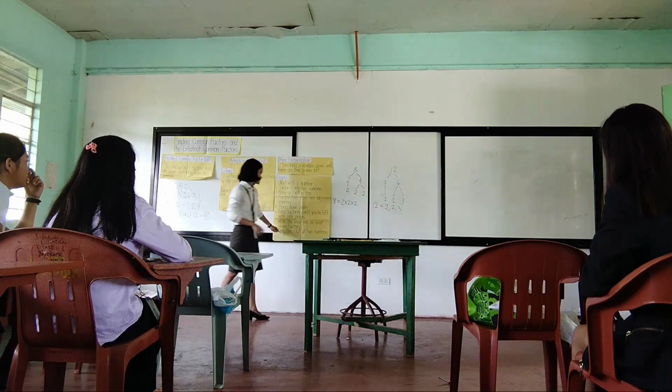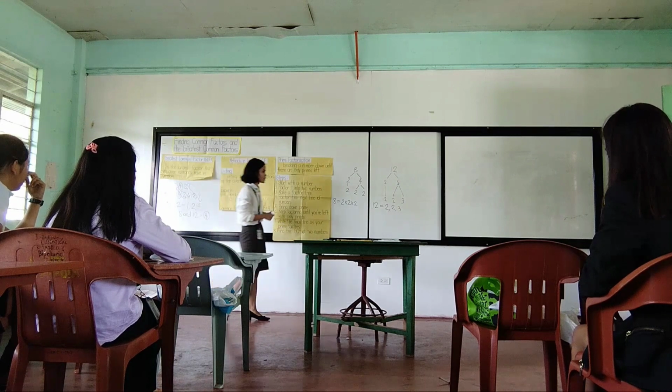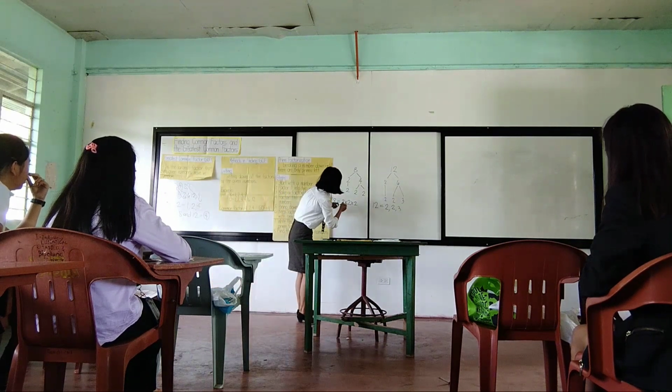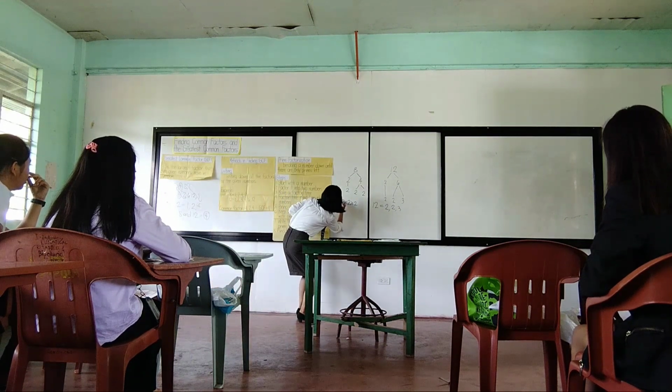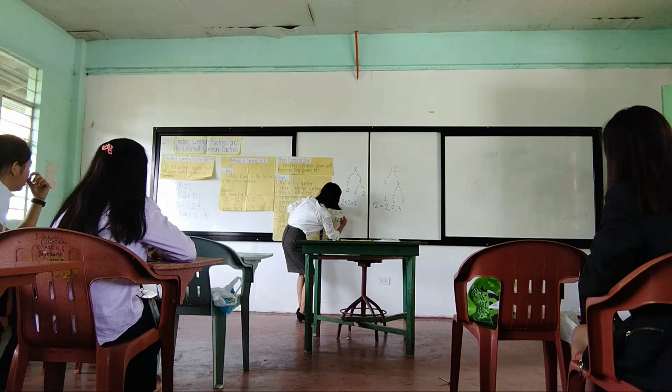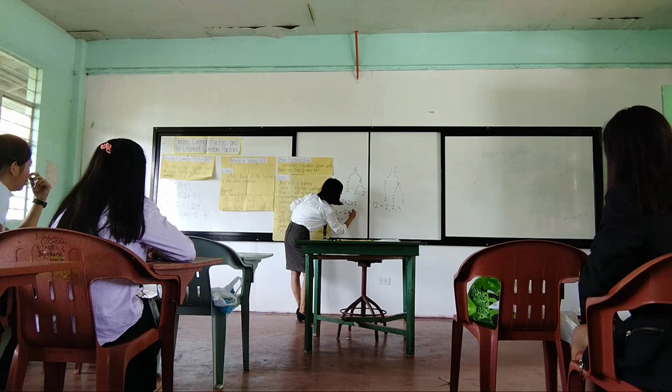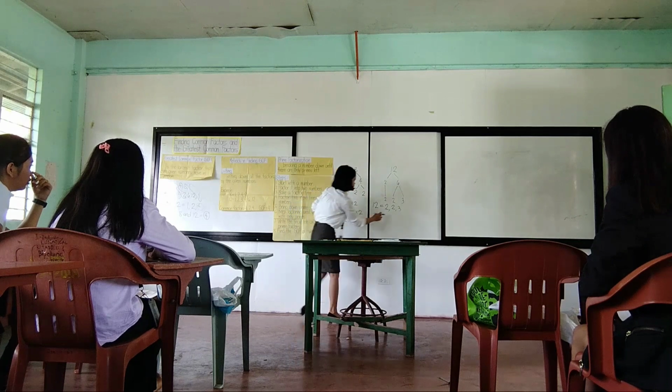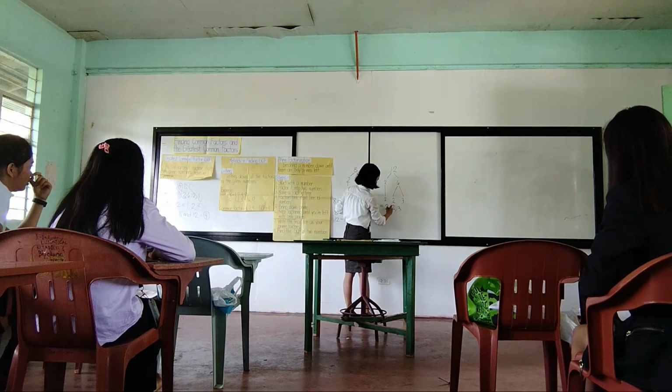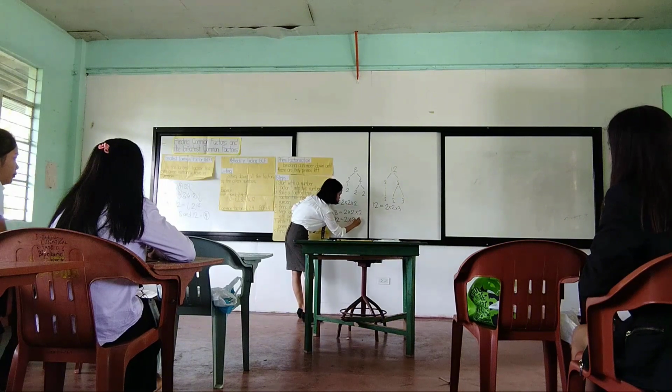Okay. So find the GCF of two numbers. How will you do? Okay, 8 and 12. 2 times 2 times 2, and 2 times 2 times 3.